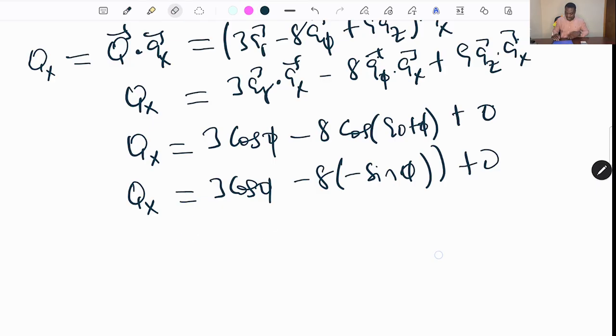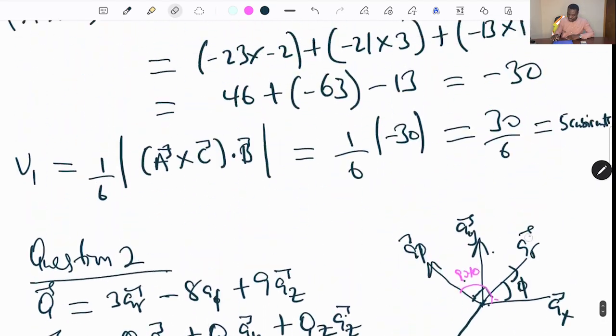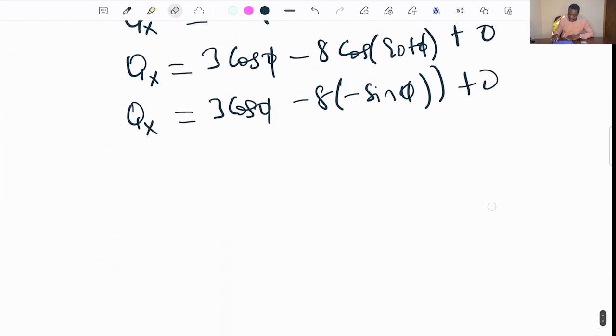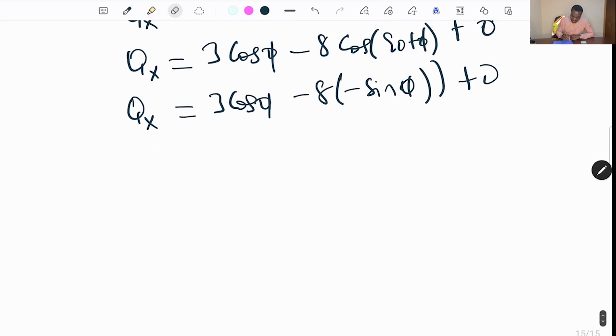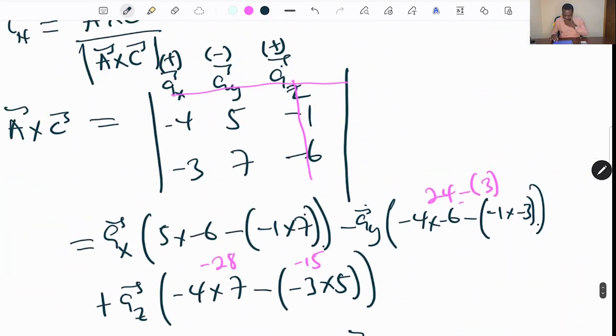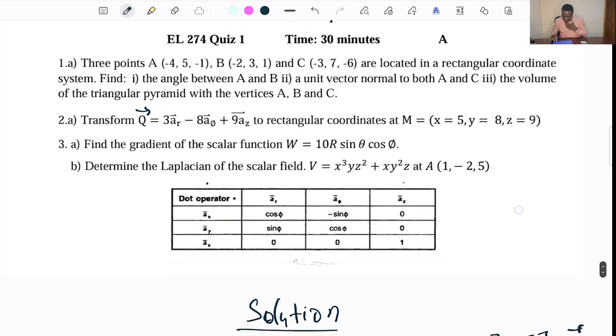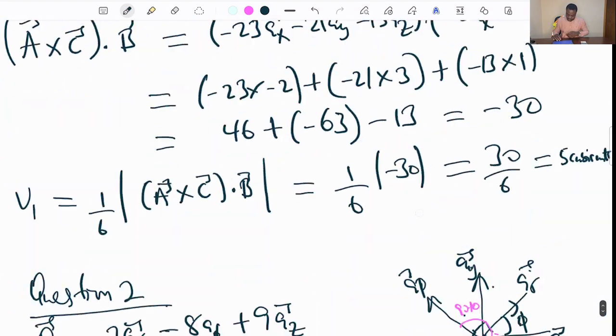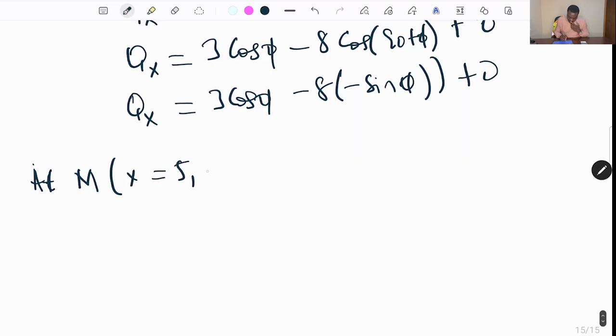Now let's try and get phi, right? When it comes to getting phi, we are going to be using the point M. We have been told that we have to transform this at point M. So at point M, we have S equals 5, Y equals 8, and Z equals 9.